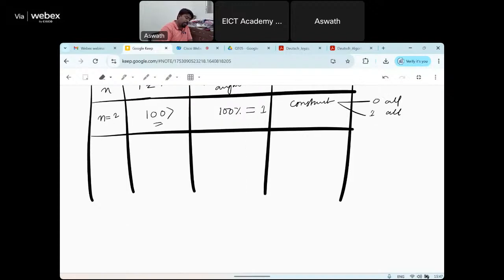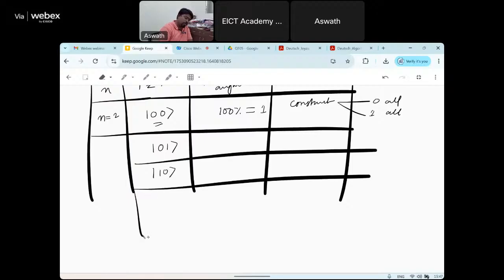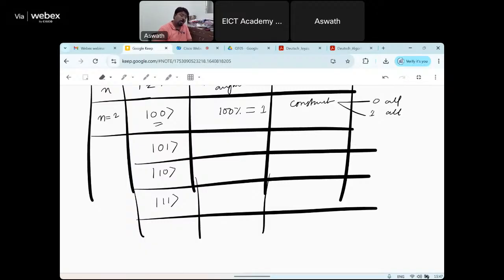For anything other than 00, it can be 01, it can be 10, it can be 11. If any one of them is coming up with 100% or any non-zero probability, you can simply say the scenario is balanced.